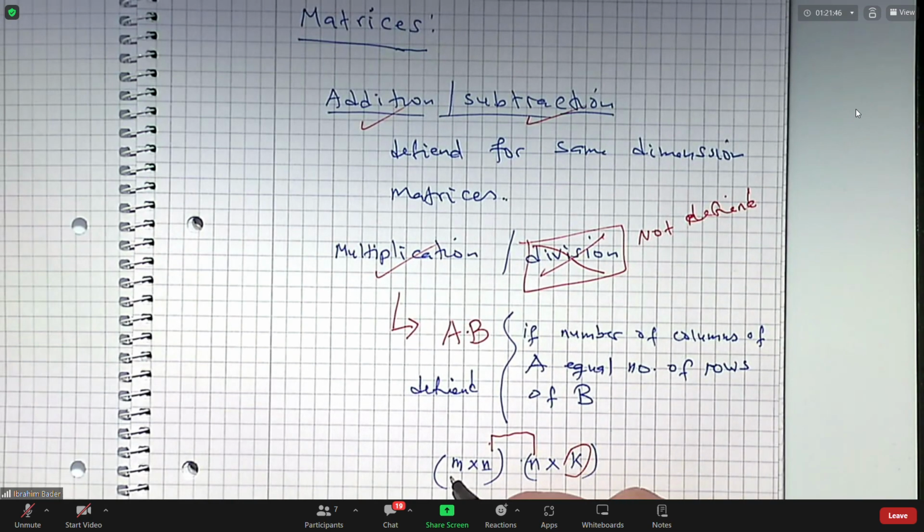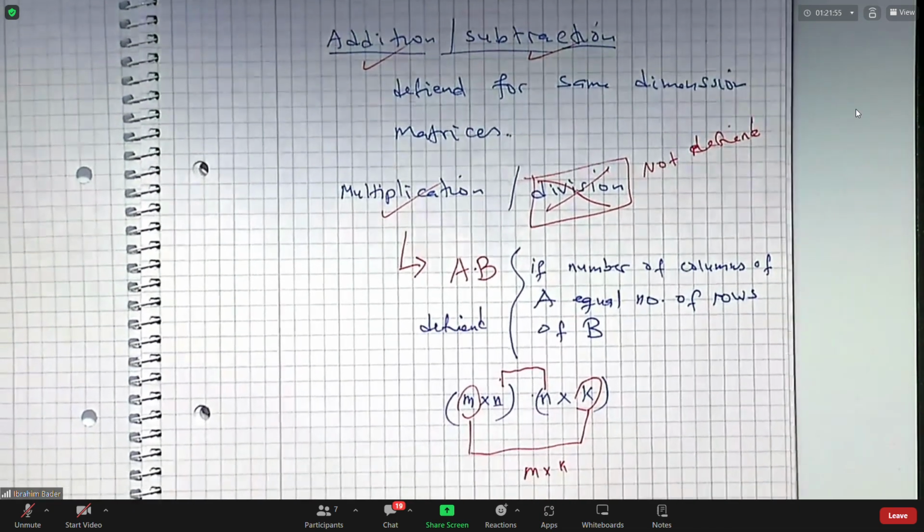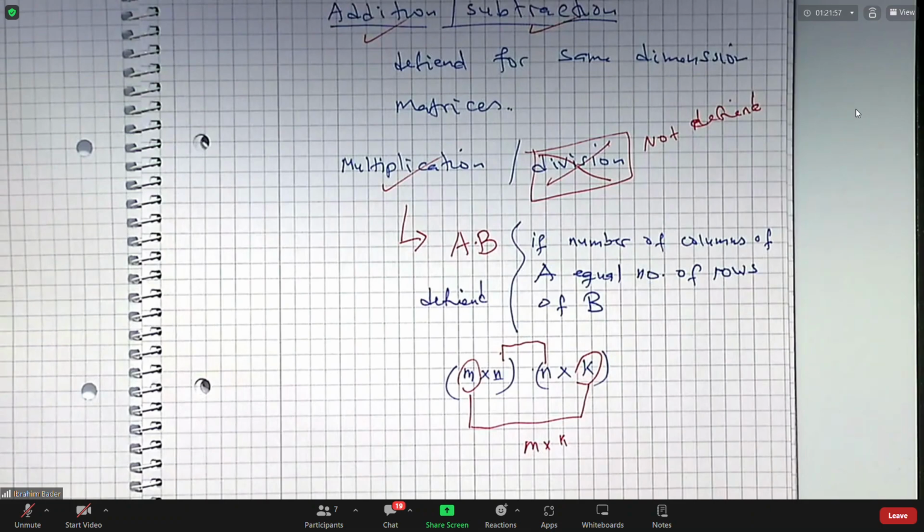The resulting matrix is going to be M times K dimension. Okay? So this is how we construct the multiplication.